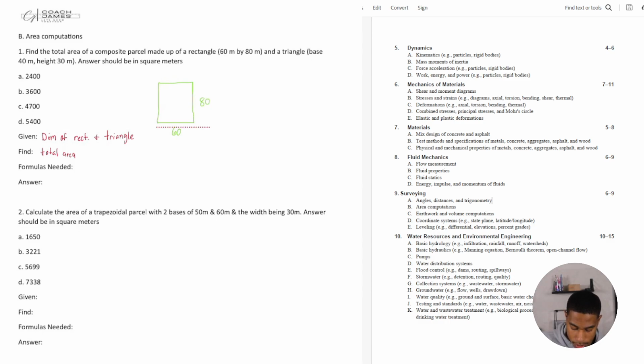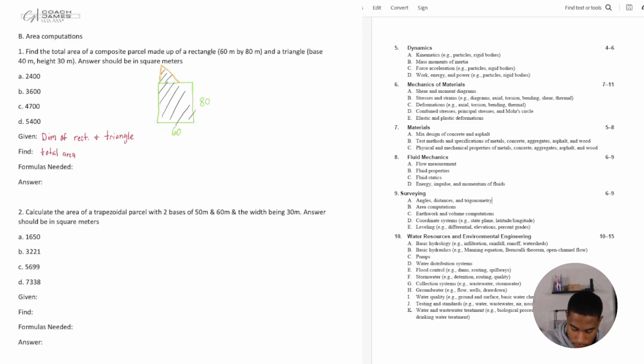And there's also a triangle attached to it, where the base is 40 and the height is 30. So I can just imagine this. Height is 30, base is 40. And the composite shape is this whole thing. We want to find this whole area.